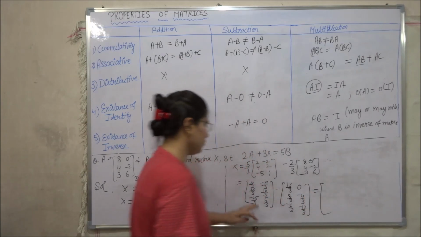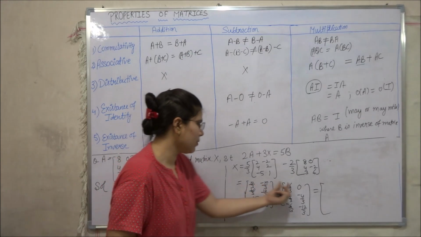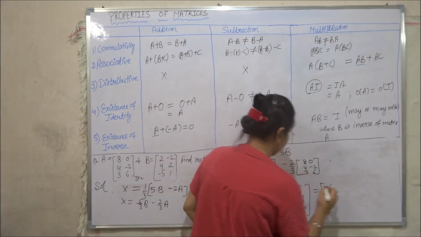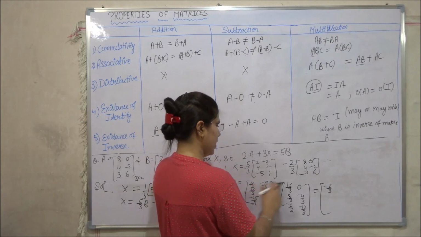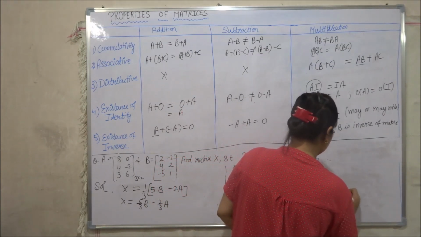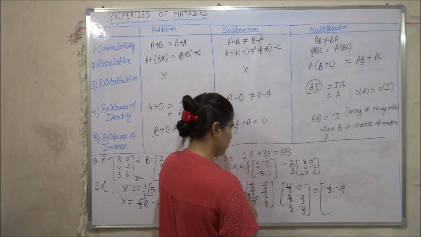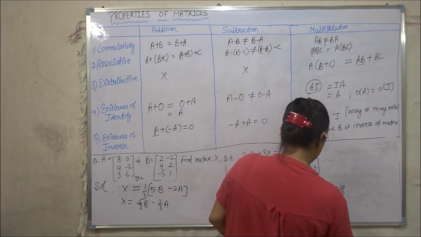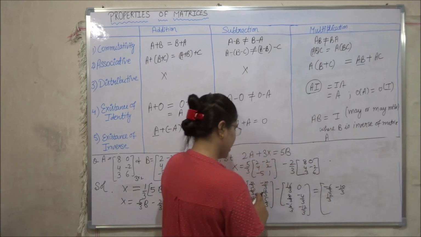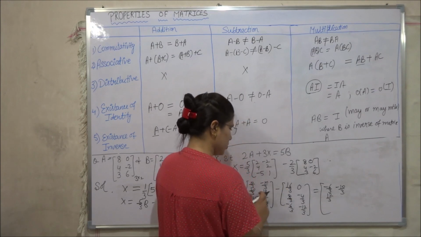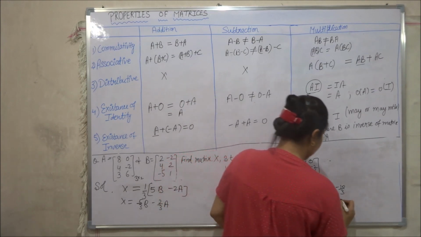So after subtracting these two, 10 minus 16, minus 6 upon 3. 10 by 3 minus 0, that will be minus 10 by 3. 20 by 3 minus 8 by 3, 12 by 3. 10 by 3 plus 4 by 3, minus minus plus, so 10 plus 4, 14 by 3.